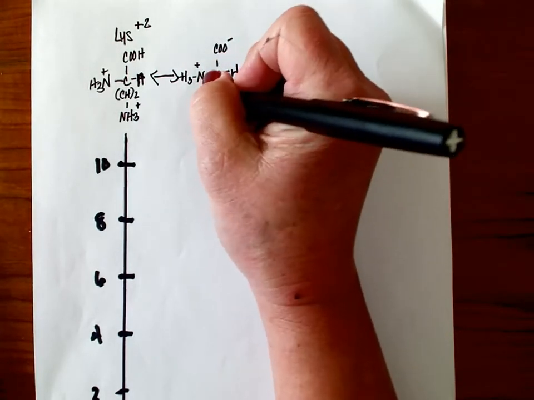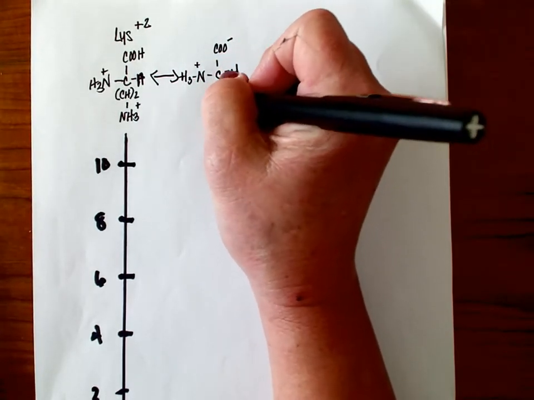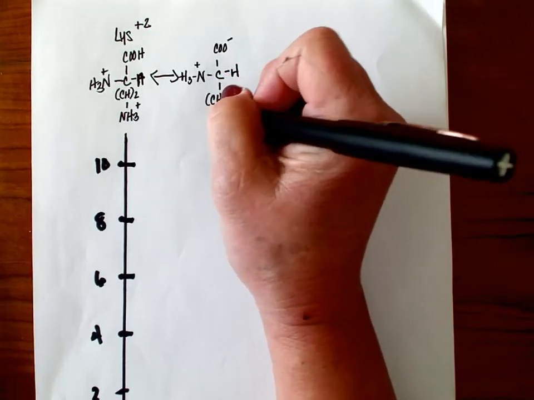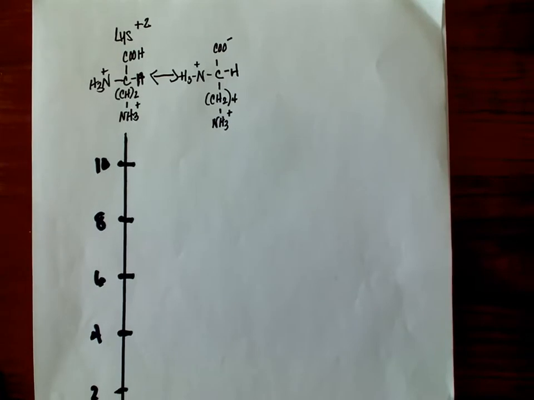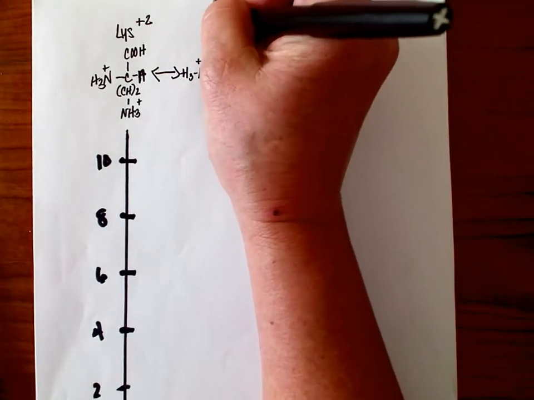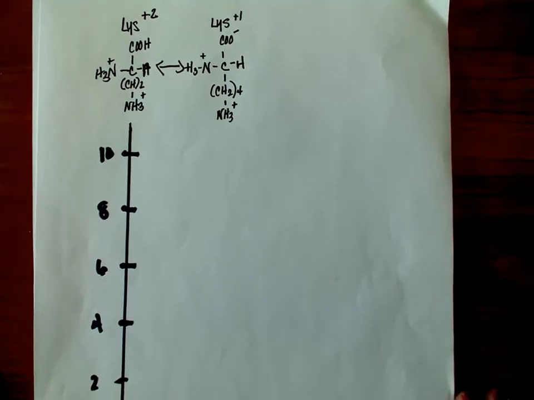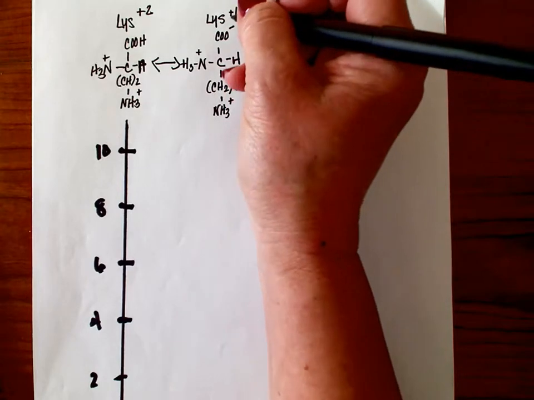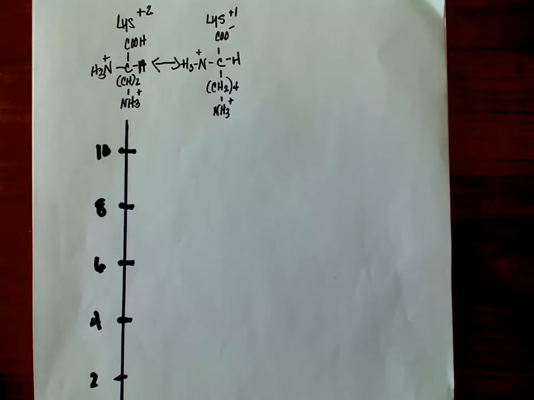We still have 4 methylene groups, but we still have that side chain amino group charged. So at this point, the lysine has a +1 charge state overall. Okay. And this pK, of course, is going to be at 2.2.